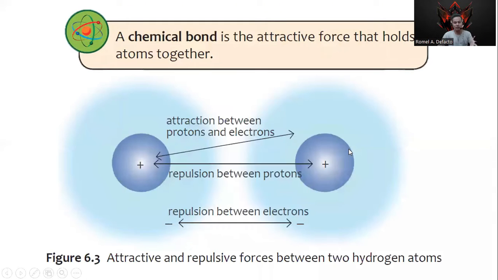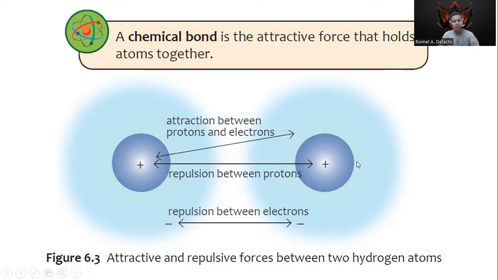Now, for example, you have two atoms of hydrogen. We have three interactions here. The first one is the repulsion between protons, because it's basic knowledge that same charges repel.